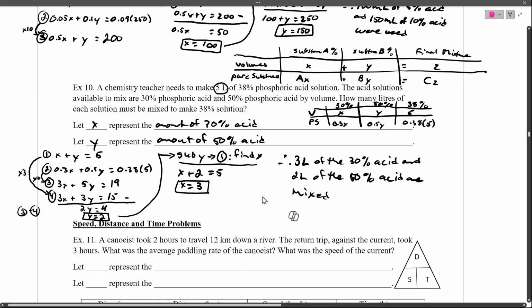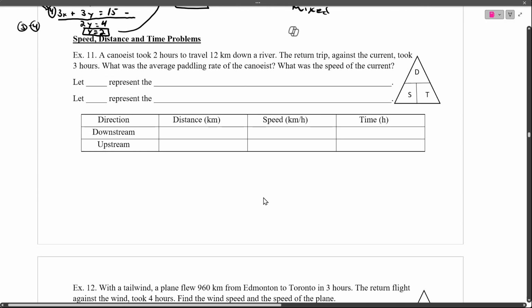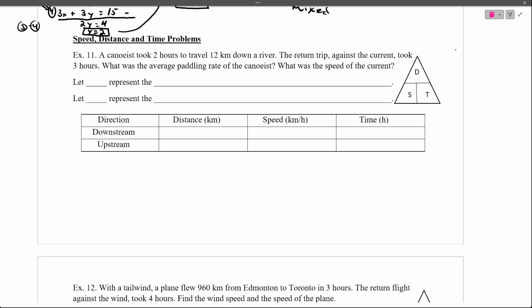Speed, distance, time problems. So for those of you that don't remember, if you look at the right, we have this triangle, distance over speed, time. So using this triangle, we can calculate any one of these 3 values. So if I want to calculate d, that's the same thing as saying d is equal to s times t. If I want to calculate s, then that's d over t.